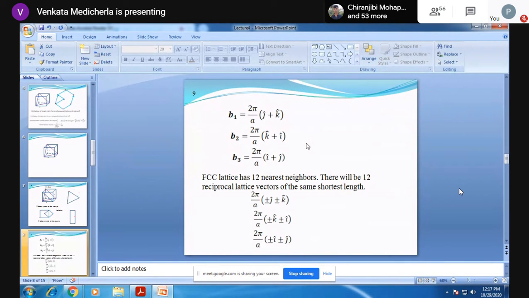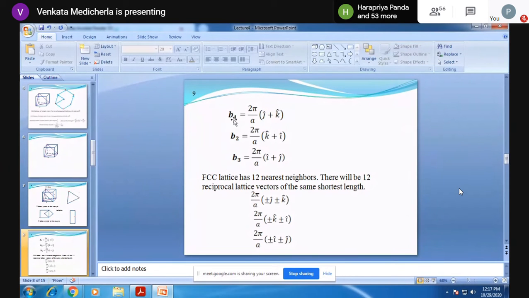Okay, that means, what does it mean? See, when you talk about the shortest reciprocal lattice vector, b1, b2, b3 are also reciprocal lattice vectors. b1 is a primitive reciprocal lattice vector, b2 is also a primitive reciprocal lattice vector, b3 is a primitive reciprocal lattice vector. So all these three, you can call them primitive vectors also. These are the shortest vectors.